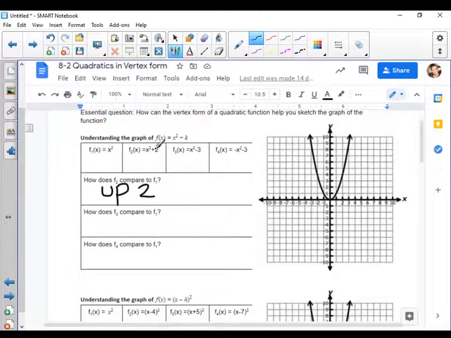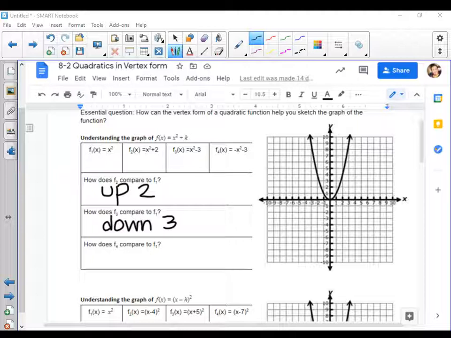If it says plus 2 and that means it goes up 2, what do you think is going to happen if it says minus 3? It's going to go down 3 from 0, 0, not from 2, but down 3. So we're going to type that in. Instead of plus 2 right here, I'm going to say minus 3, and you're going to see how the vertex shifts from 0, 0 to 0, negative 3.